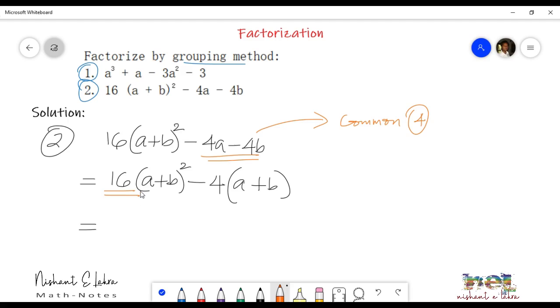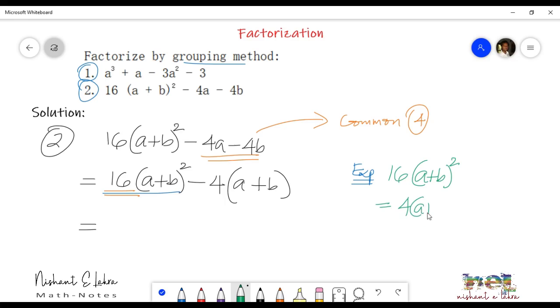Now 16 is a perfect square, right? This is the explanation of how to solve 16 into (a plus b) whole square. Like I said, 16 is the perfect square of 4, 4 fours are 16.